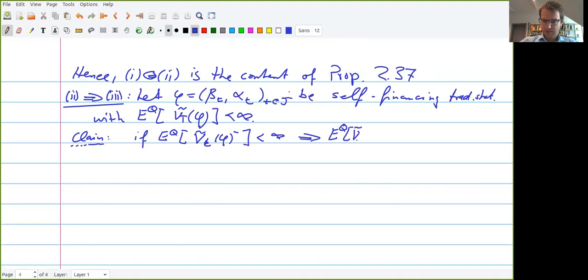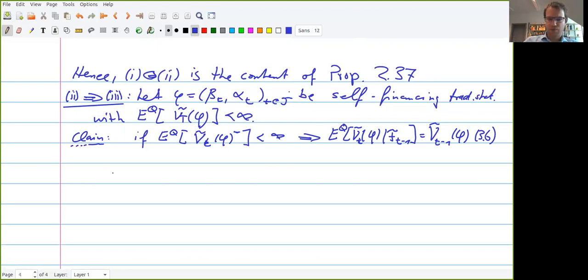This means I look at the discounted value process at time t and I condition it on F_{t-1}, and that's nothing else than the discounted value process at time t-1. Let me call this, to be consistent with the lecture notes, 3.6.